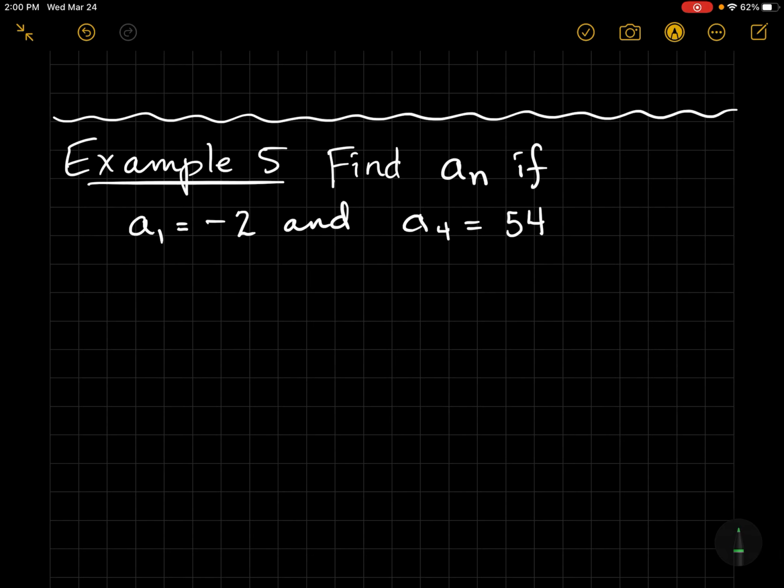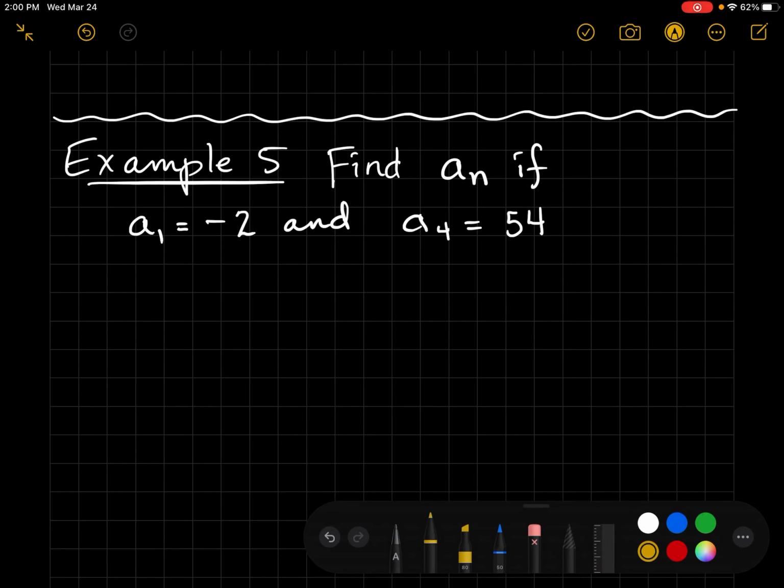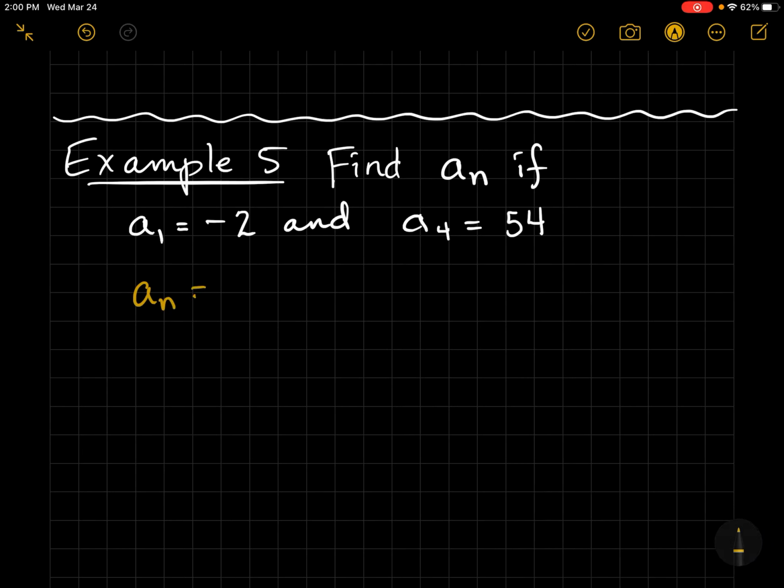Example 5. Find a sub n if the first term is negative 2 and the fourth term is 54. Okay, I'm going to show you an easy way to do this. All you have to do is start with our formula. A sub n equals a1 times r to the n minus 1.